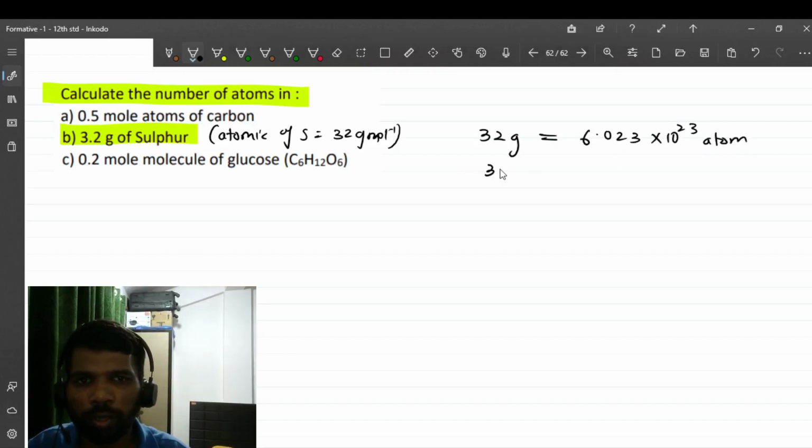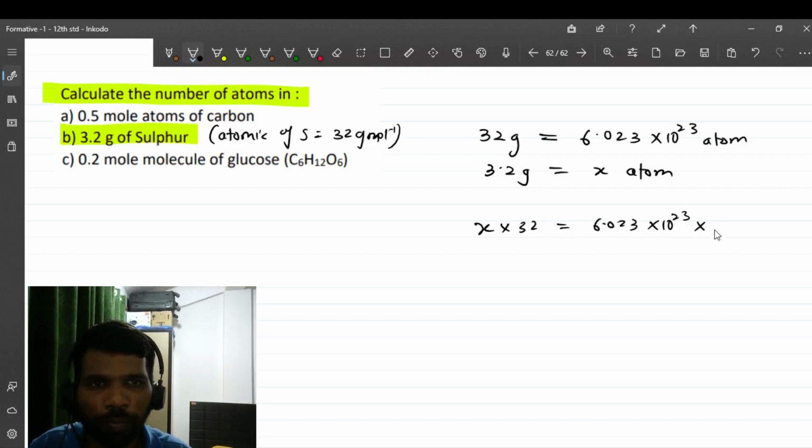So 3.2 gram will have how many? X atoms. So X into 32 is equal to 6.023 into 10 raised to power 23 multiplied by 3.2.